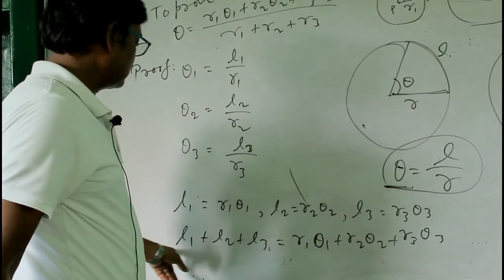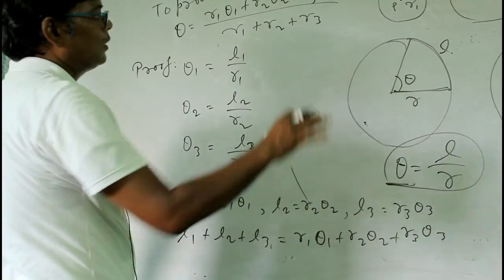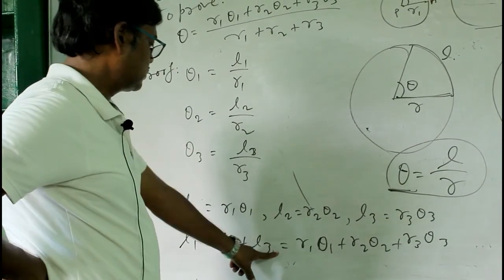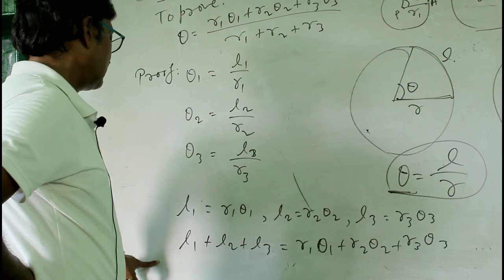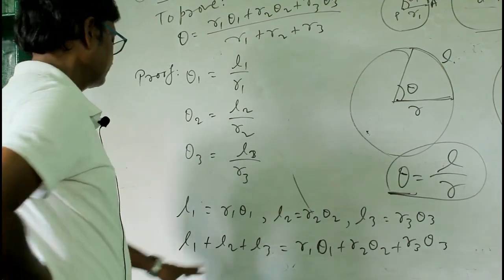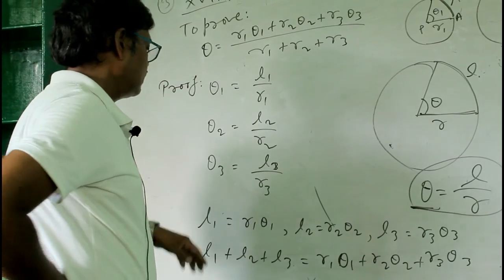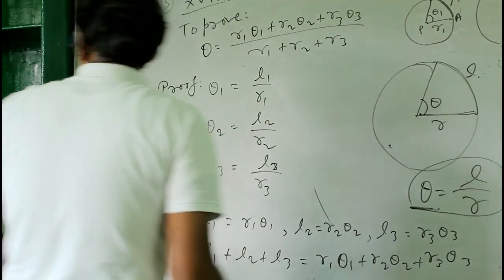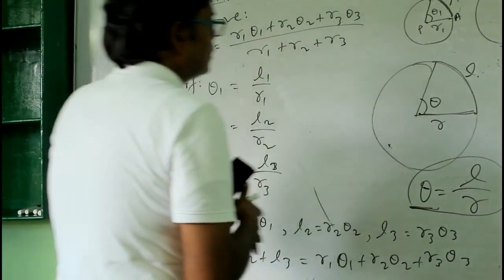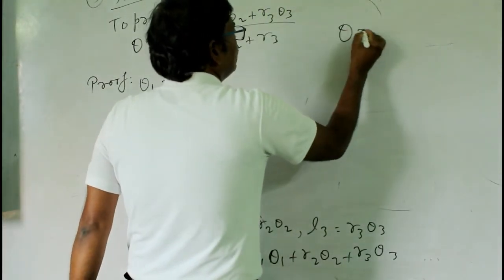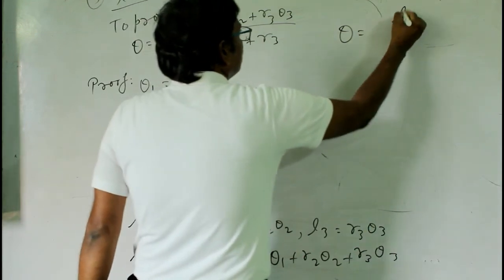Now I have drawn that figure. This is the length of the arc of the new circle, and suppose the angle is theta, and the radius is also given. I will erase these figures. Now angle theta will be equal to L by R, you know the formula.